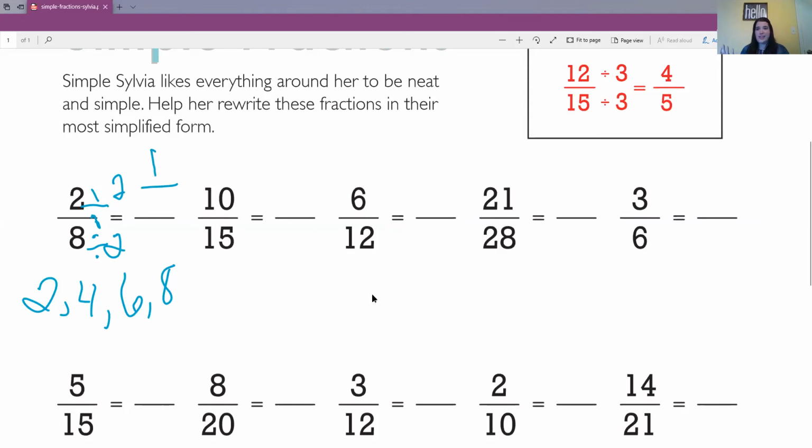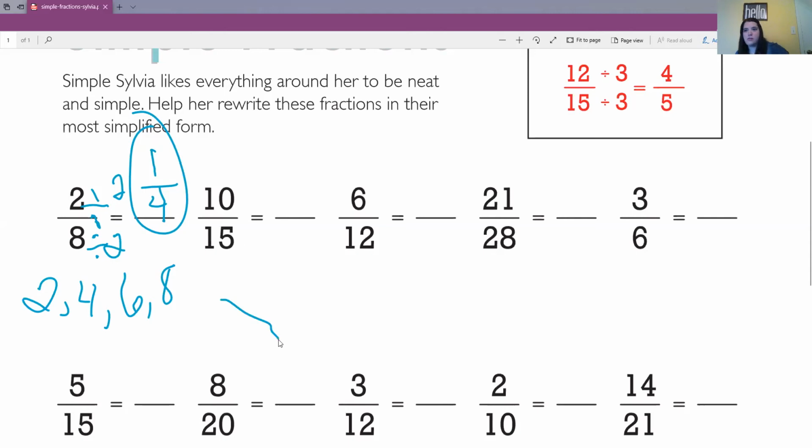You can think of it as a multiplication problem. 2 times what is going to give you 8? Let's think of our 2's. 2, 4, 6, 8. So 2 times 4 gives you 8. So 8 divided by 2 will be 4. So 2/8 simplified would be 1/4.